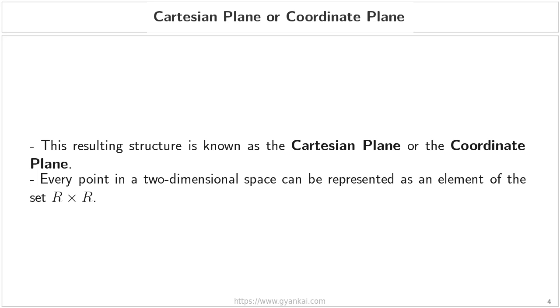We are talking about the entire infinite surface. Therefore, we can say that every single point in a two-dimensional space can be represented as an element of the set R × R. As we will see in the next slide, this isn't just a mathematical theory. It is actually the exact same logic used by GPS technology to find your location on a map.